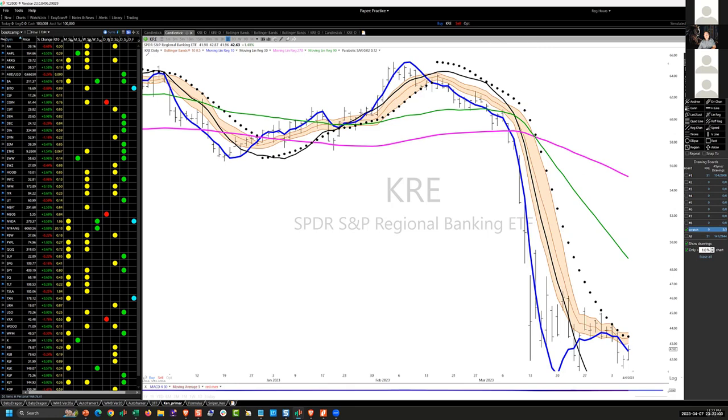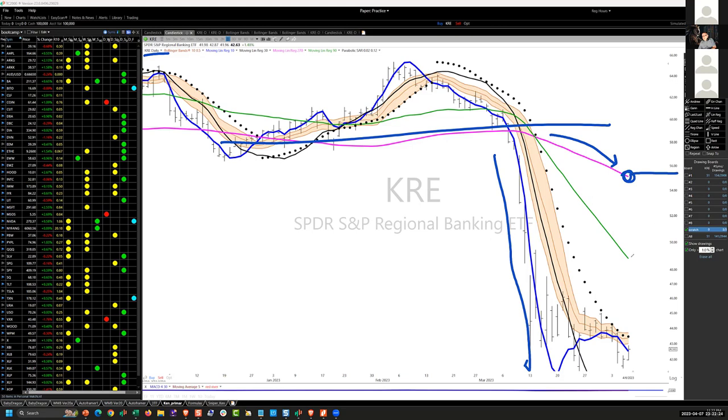So this is KRE on a daily. Here's the RL270 long-term fair value. It used to be back in here, but this has been enough of a sell-off that it has actually started to decay. But the 270 is here, and the 90 is here as an intermediate, and the 10 is right there. How far is it to here, you ask? I'll tell you, it's 7.4 ATRs.